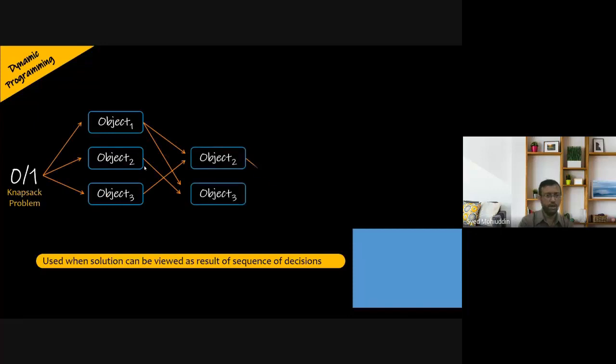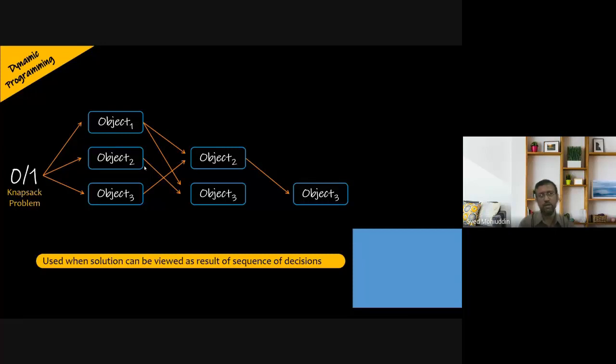So if you consider the knapsack problem, let's say we have 3 objects. Among these 3 objects, we pick, let's say, 2 objects. And at each stage we have a decision to be made. So the first part is we have 3 objects, and among them we make a selection. Suppose we select object 1, then in the next subproblem we can select object 2 or object 3.